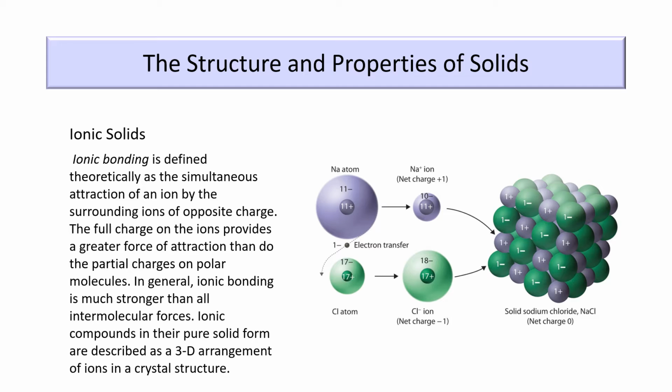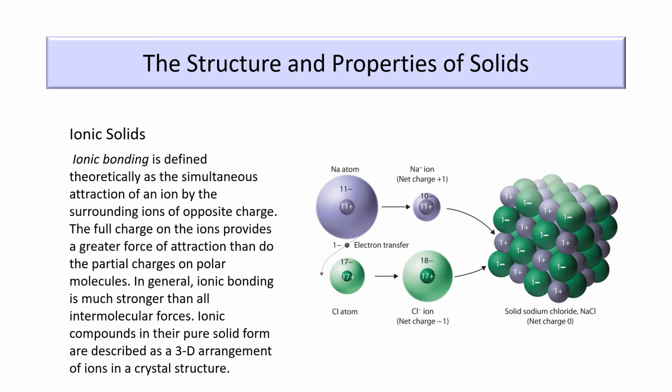Ionic bonding is defined theoretically as the simultaneous attraction of an ion by the surrounding ions of opposite charge. The full charge on the ions provides a greater force of attraction than do the partial charges on polar molecules.